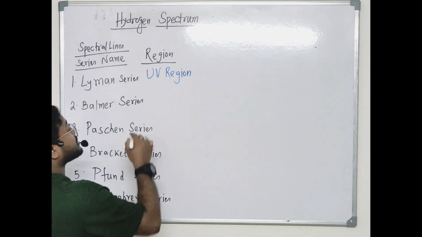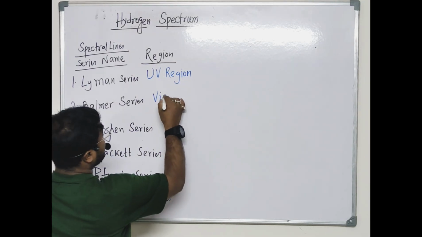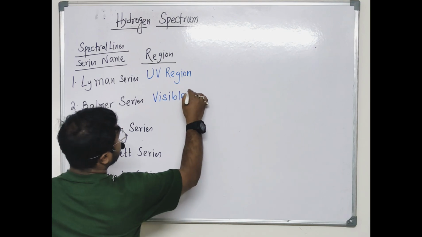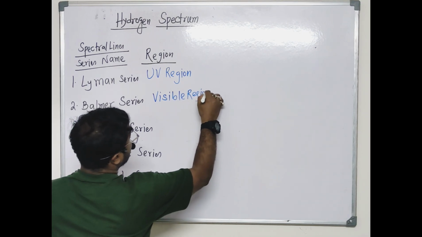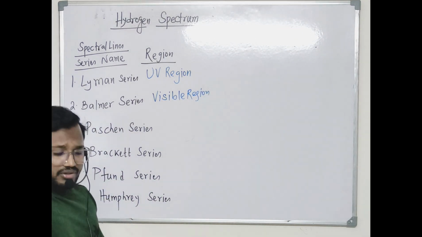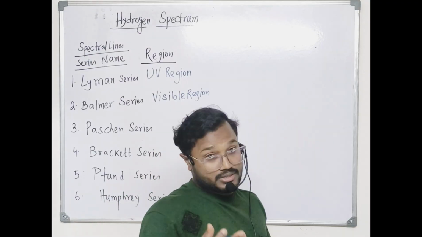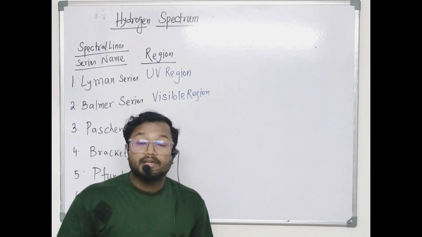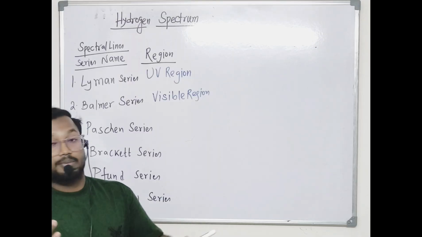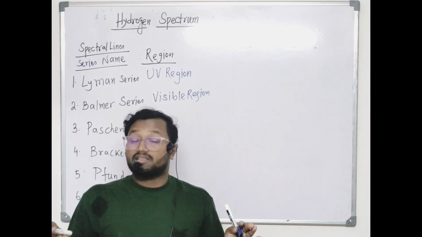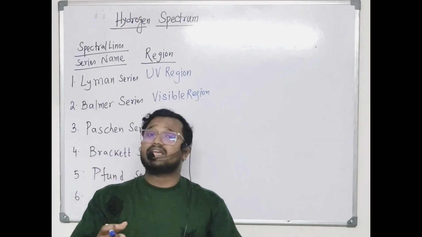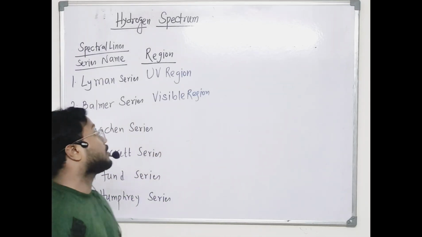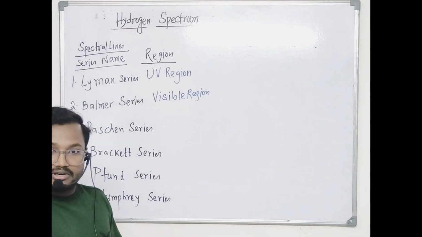Balmer series is present in the visible region. Now, everything that is visible to us is because of the visible region. For example, you can see this board, you can see me, all the things. You can see any color of substance because of the Balmer series, the visible region.